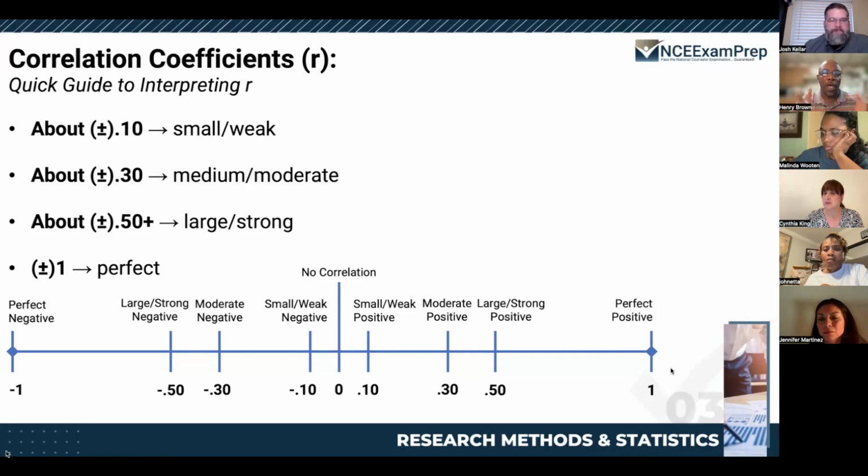Okay, so at this point, what I'm understanding is the closer you are to zero, the weaker it is. You've got the moderate listed as 0.30 plus or minus, and then 0.50 and above is strong. Either negative or positive, it's going to be strong, 0.50 and above.